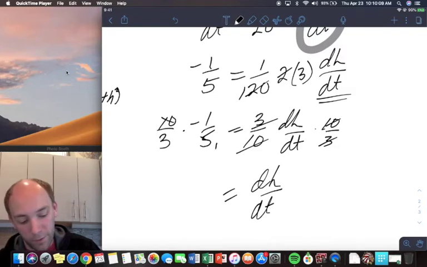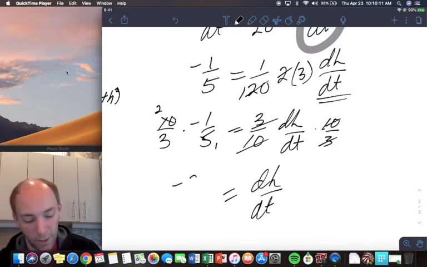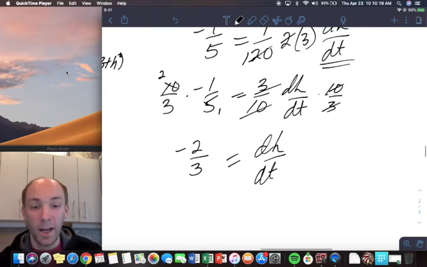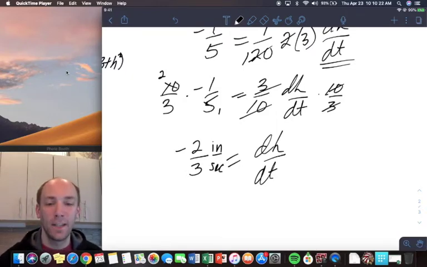The 1, the 5 and the 10 would reduce to negative 2/3. h is measured in inches, t is measured in seconds, so the height is decreasing at a rate of 2/3 inches per second.